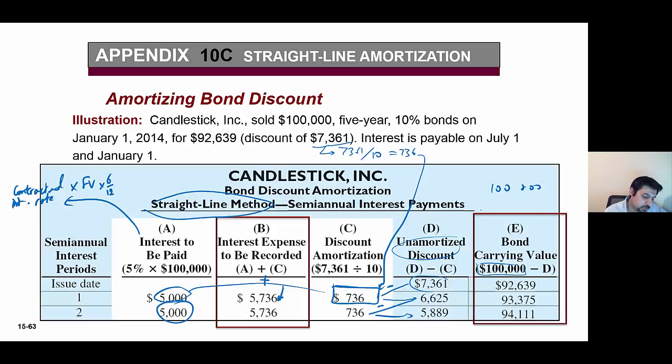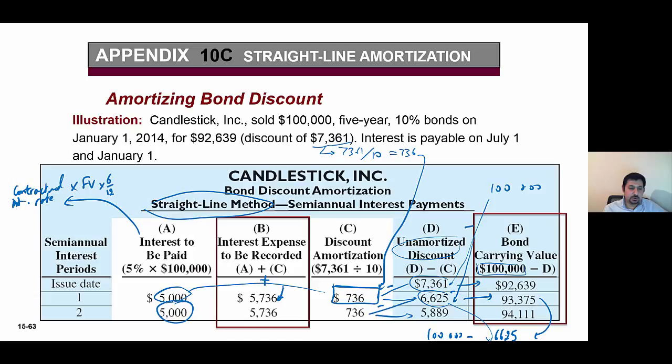If it was minus this one, it will be 93,375, etc. And we can continue calculating this. So this is basically equal to 100,000, the face value, minus this amount here, 6,625. And we keep doing that.